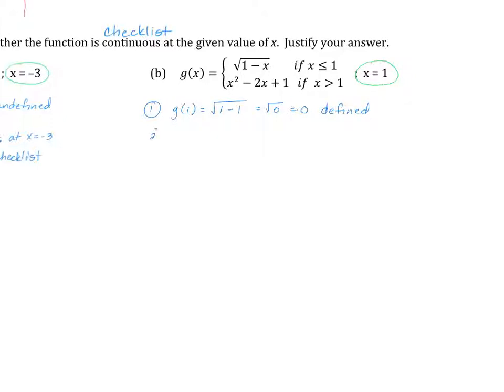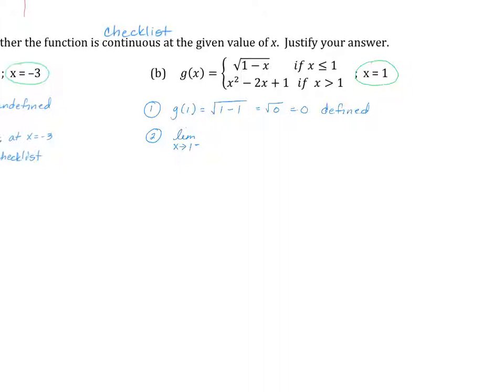So let's look at condition 2. Let's see if the limit exists. Well, the problem is that this is two different functions. So I'm going to have to check the limit coming from the left and coming from the right. If we look at the limit as x approaches 1, I'll come in from the left. I have to be really careful.